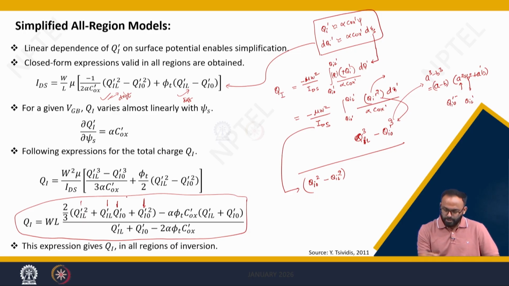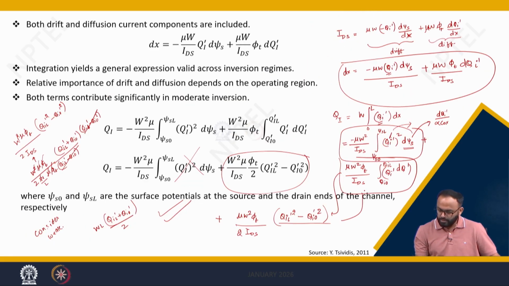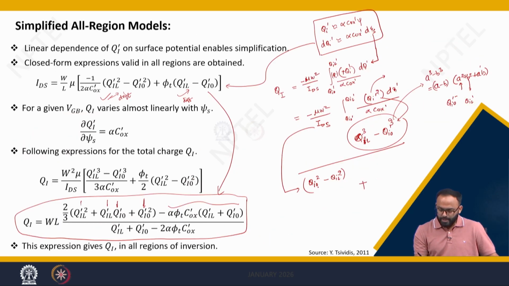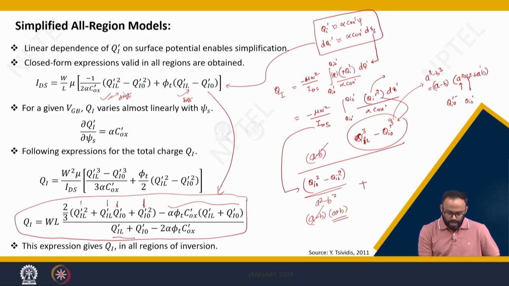This is from the numerator, because this term will come when you solve the integration, and this term is due to the diffusion part, that is the second part of this integral we have already solved. In the denominator you will get a square minus b square, which can be written as a minus b into a plus b. So from the numerator and denominator you will get this term common, and in the denominator you will get a plus b, that is what Qi L plus Qi dash 0 is coming.